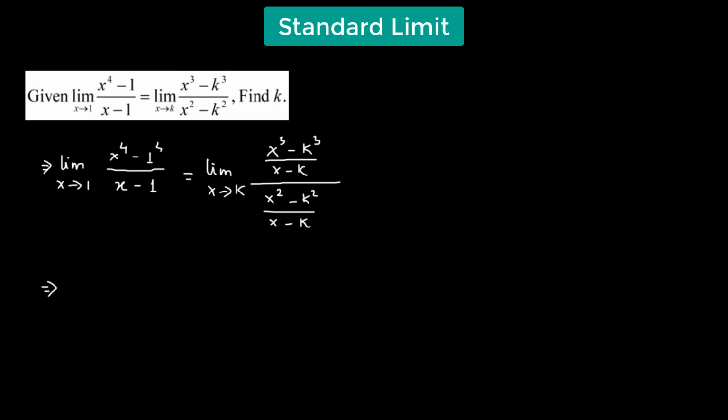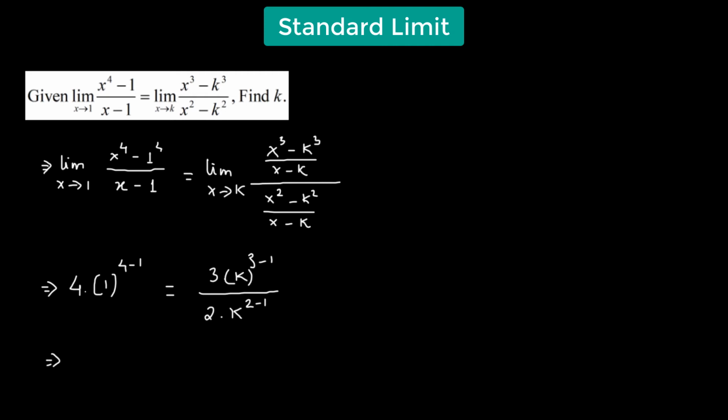Now we're going to apply our value for the standard limit. So we have 4, which is the value of n, times 1 raised to the power of 4 minus 1, which will be equal to 3 times k raised to the power of 3 minus 1 divided by 2 times k raised to the power of 2 minus 1.